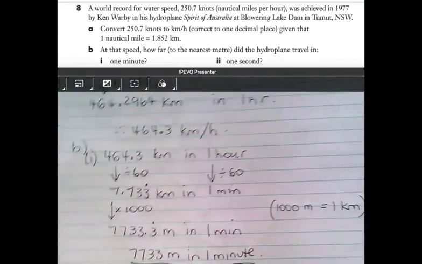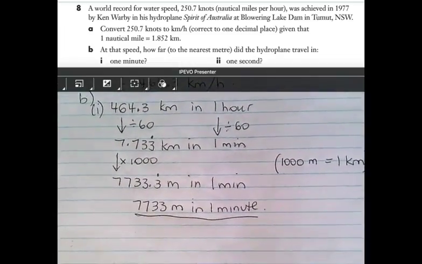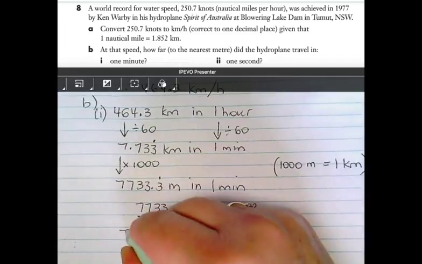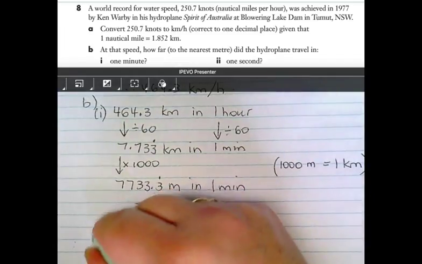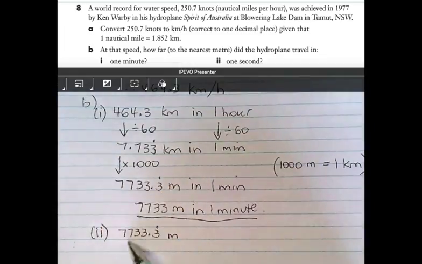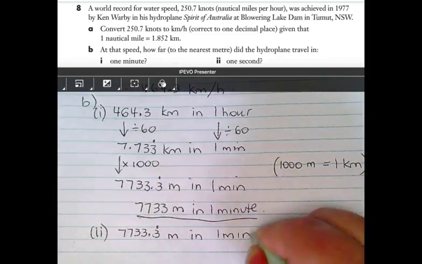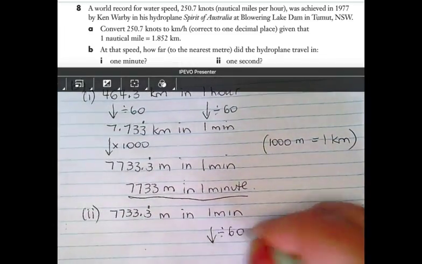Now for B, part 2. How far does the hydroplane travel in 1 second? Well, if it travels that far in a minute, I'm actually going to use the unrounded answer. So for part 2, 7738.3 recurring metres in 1 minute. I need to know how far the plane travels in a second, so there are 60 seconds in a minute.